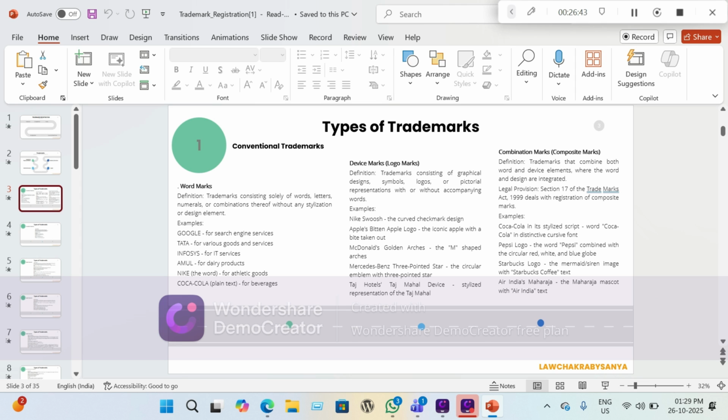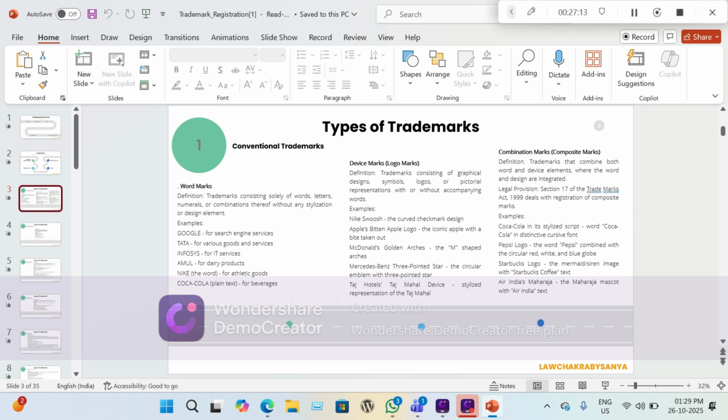Because whatever you apply for, you will have the rights only to the extent of your registration of that mark when it comes to trademark registration. Of course, there are common law principles that we will try to understand, but whatever mark you're applying for, if you get registration for that, then you will have the trademark registration rights pertaining to that particular mark only.